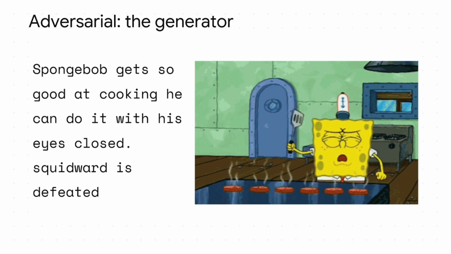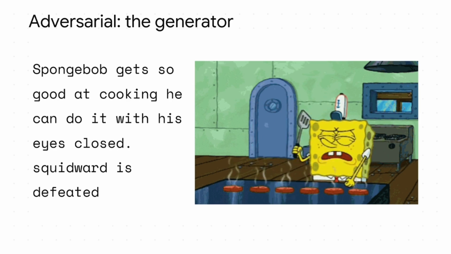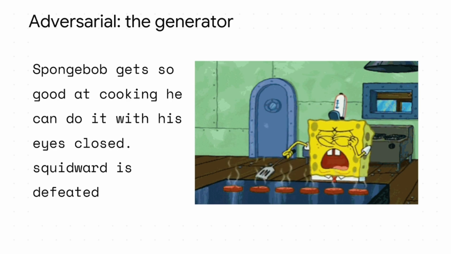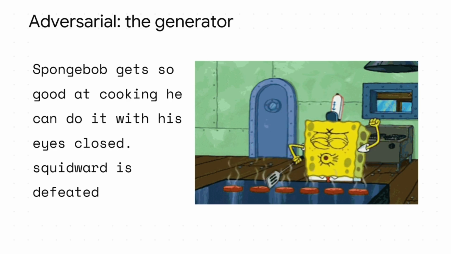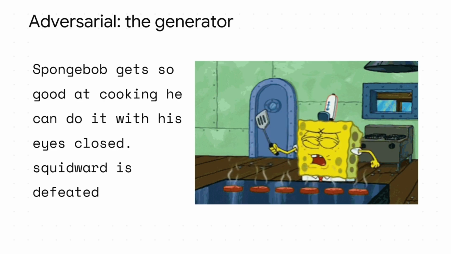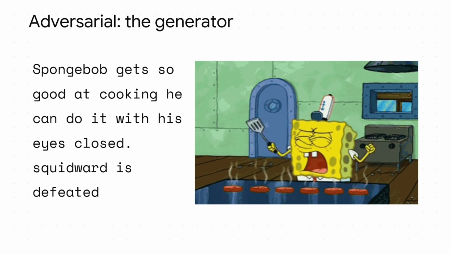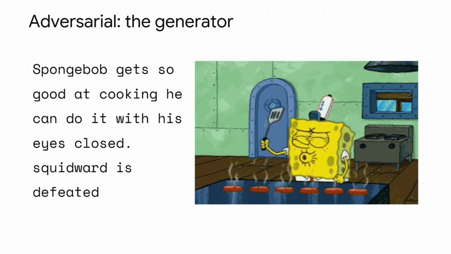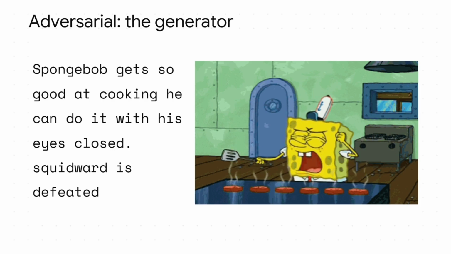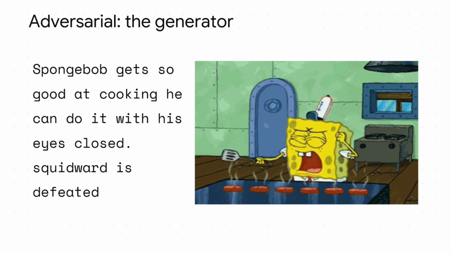So at the point that Squidward can no longer differentiate between the burger from SpongeBob and the original statistics, or the original knowledge he has about the perfect golden burger, at that point Squidward is defeated. All right. So that means the generator gets so good at generating a new burger, or generating a new data set.